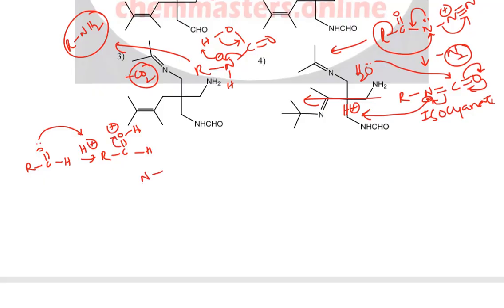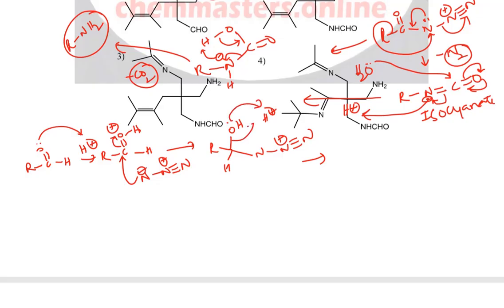That's why the hydrazoic acid nitrogen easily attacks this carbon. Now you can draw the next step like this. By taking up a proton from the reaction conditions, there is a formation of OH, nitrogen, N triple bond N plus. In the further step, by taking up a proton from the reaction conditions, a water molecule cleaves from it.